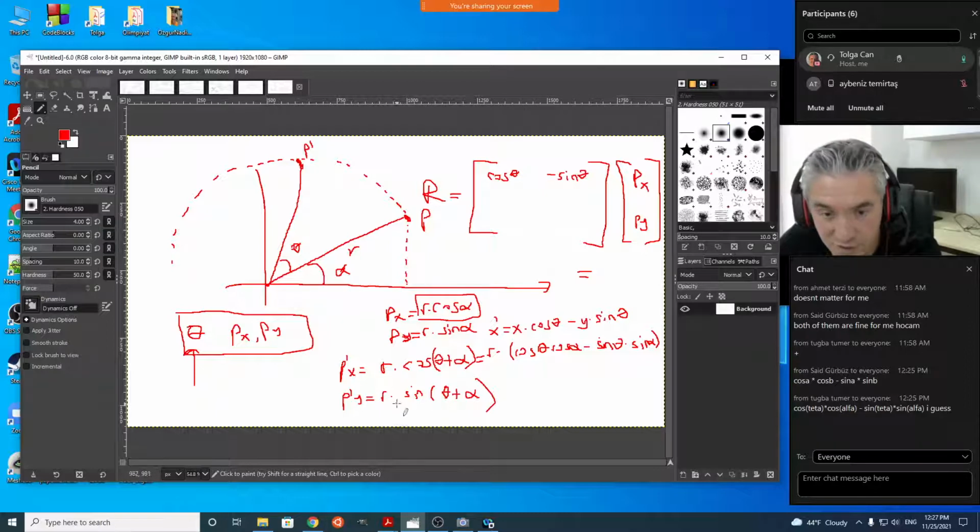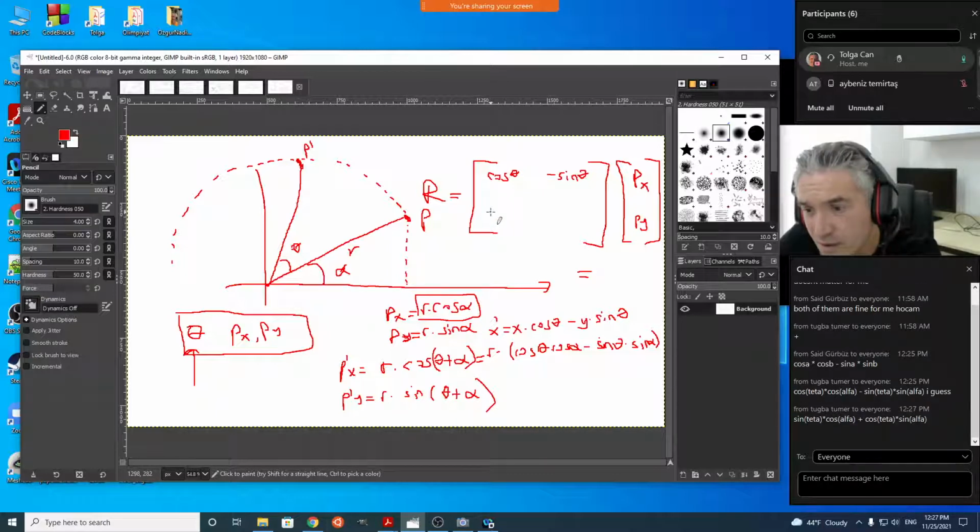Okay, and we do the same thing for the sin of theta plus alpha. If I remember correctly, it's going to be sin theta times cos alpha, so r cos alpha was the x-coordinate, so I'm going to write the x-coordinate multiplied by sin theta, and there is a plus between them, cos theta, and that's it. So this is our rotation matrix.